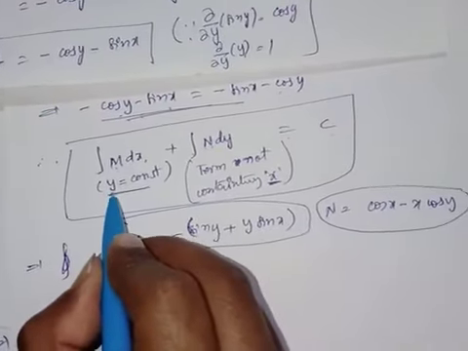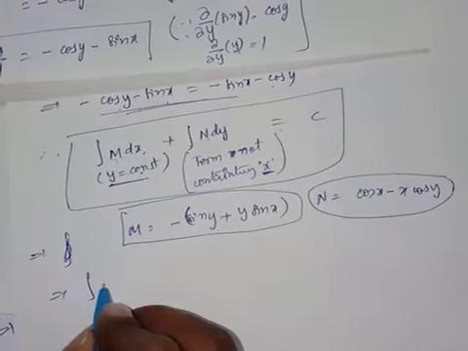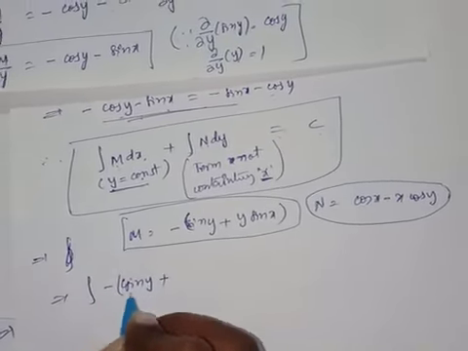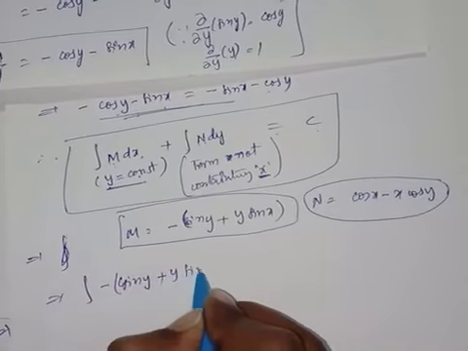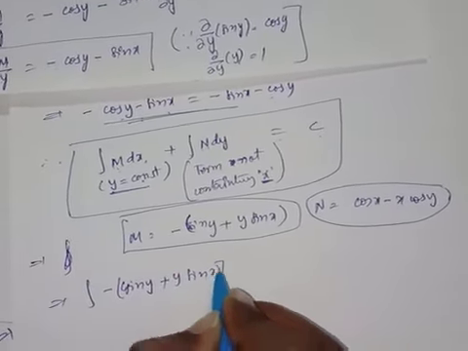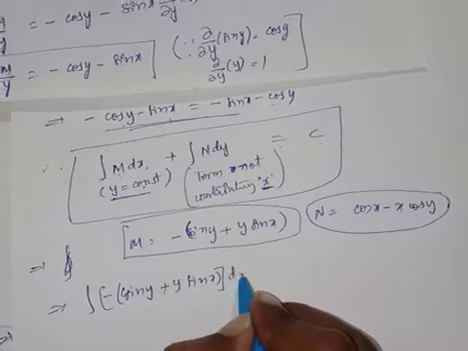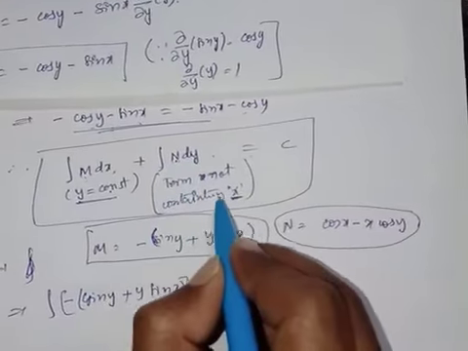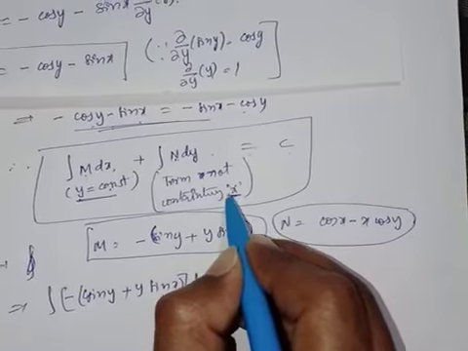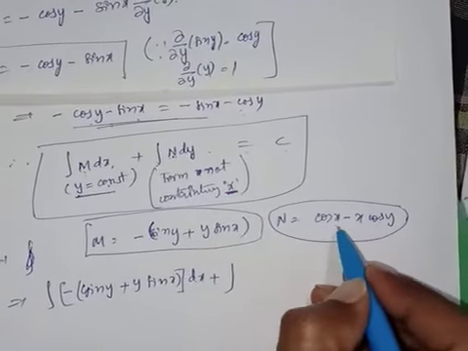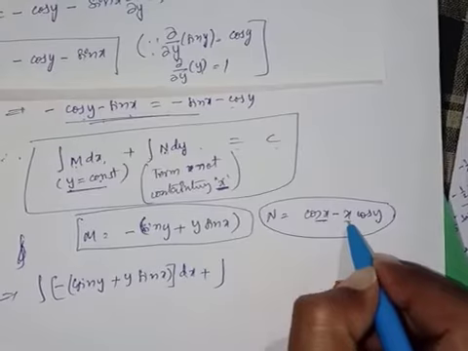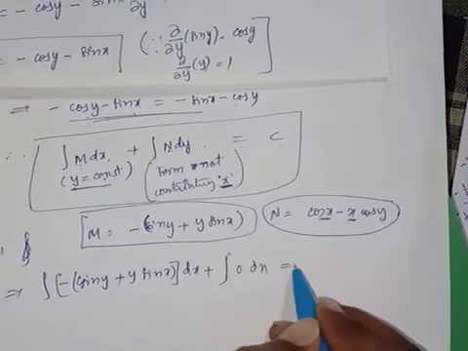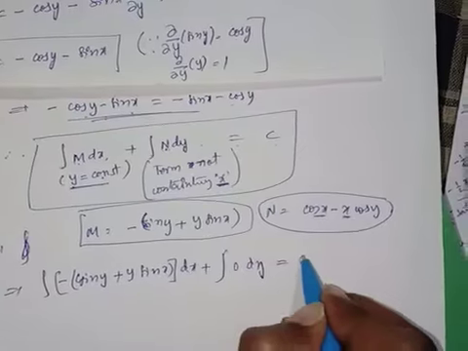Here we can treat y as constant. So directly you can write minus sin y plus y sin x, whole into dx, plus integral of n dy. Here n does not contain an x term, so this total is 0.